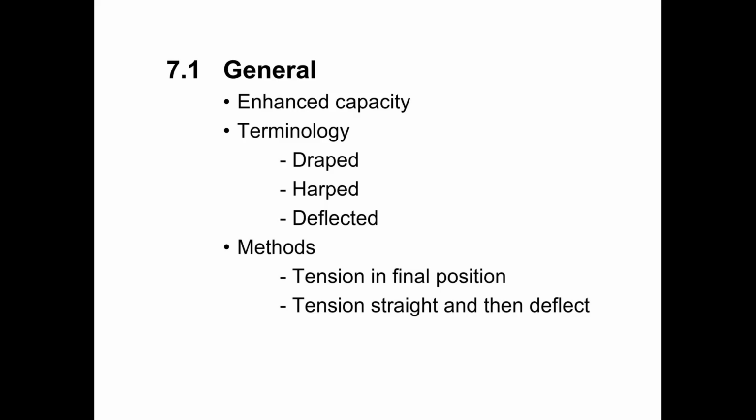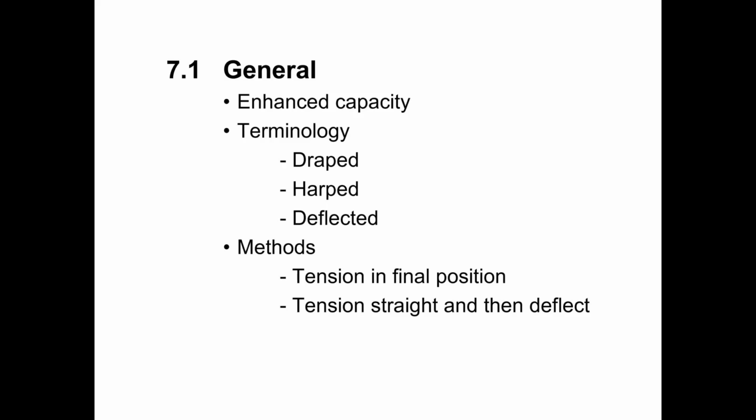All right, so those are the two primary ways that we go about tensioning strands that are going to be in the deflected position. And actually, we can use both of these methods in combination with each other. A plant may have a really long bridge girder bed that is set up to where they can push the strands down into the draped position after they've been tensioned.